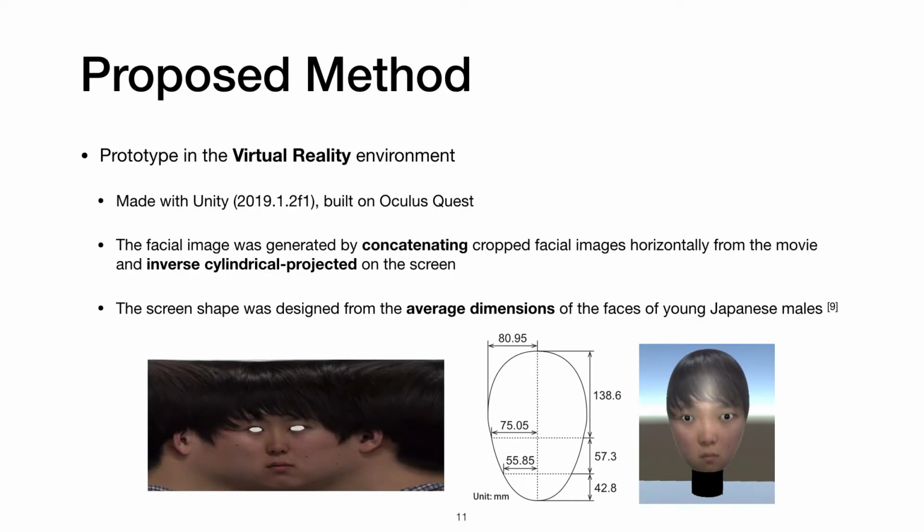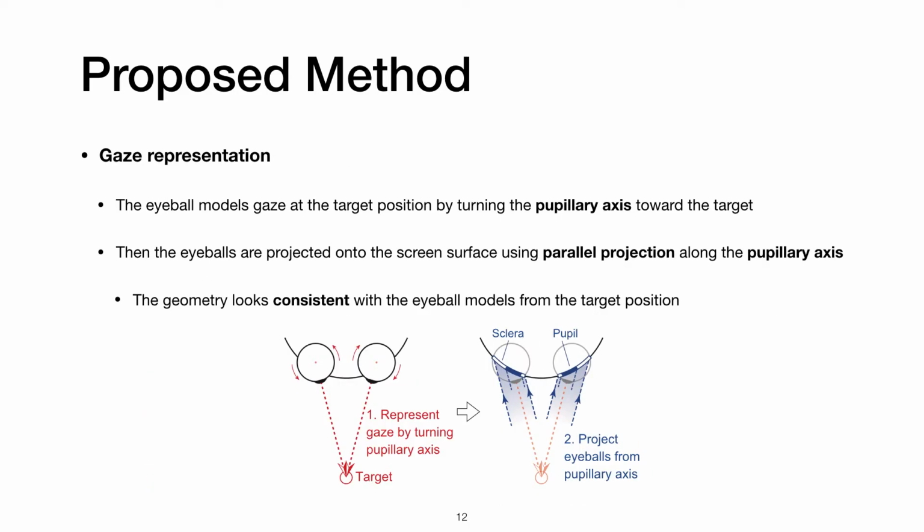Each photo is taken from the movie, and this generated facial image is inverse cylindrical projected on the screen. The screen shape was designed from the average dimensions of the face of young Japanese males.